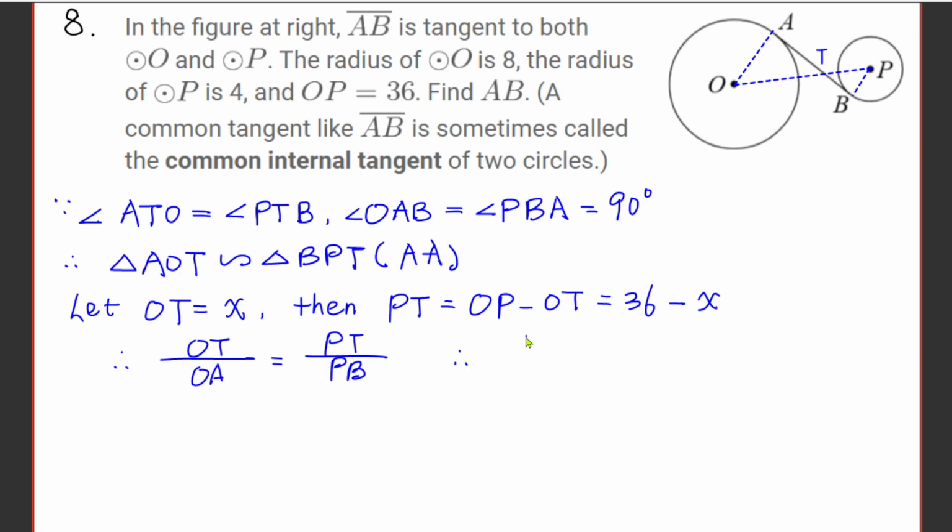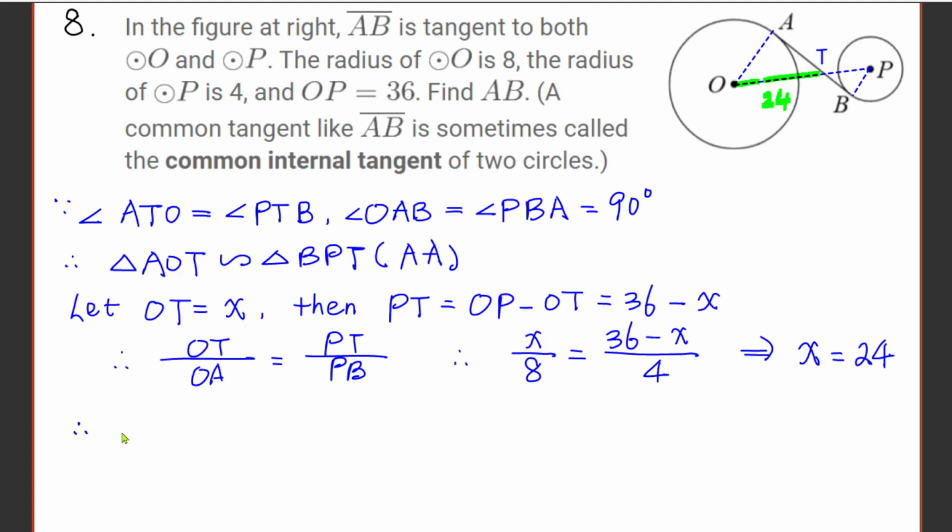That means X over 8 equals 36 minus X over PB, which is 4. Of course, you can solve X equals 24, right? So that means the length OT equals 24.